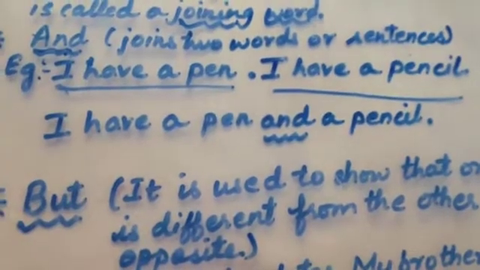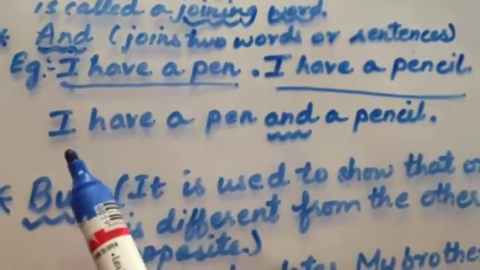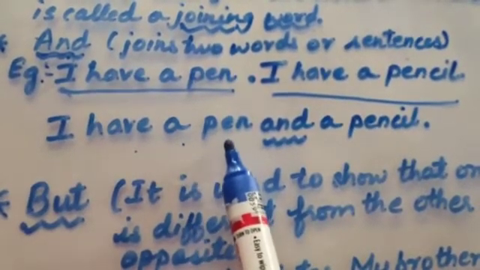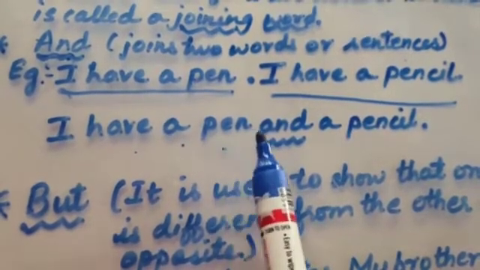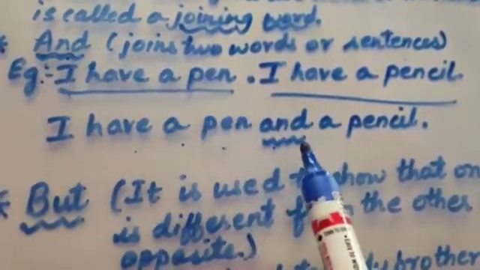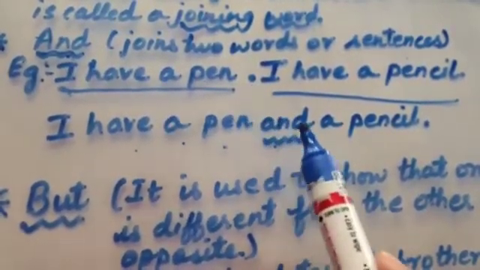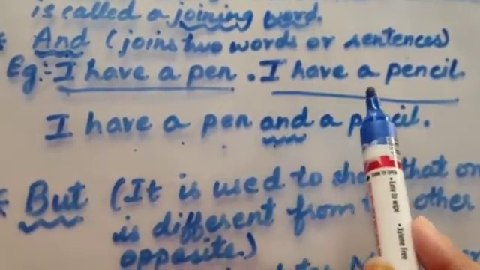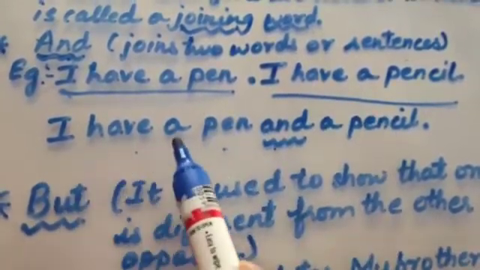Let's see how we can join it. I have a pen, and which word have we used? And, which is our joining word. In place of the full stop I have put and. Now I will not write I have again, because I have already written it here.